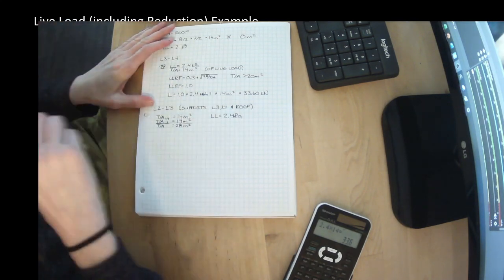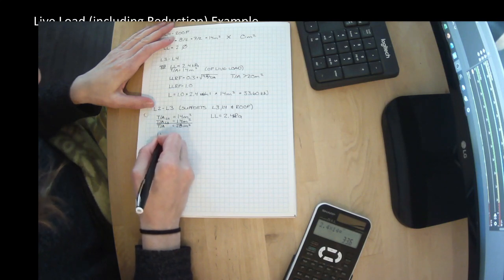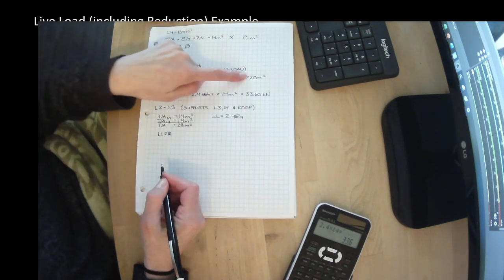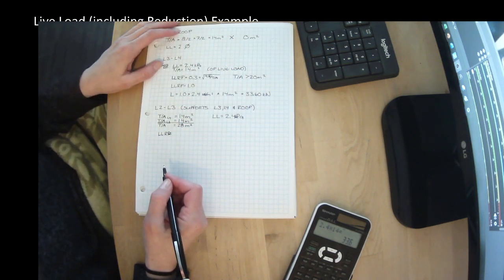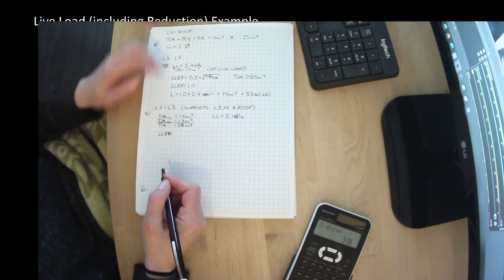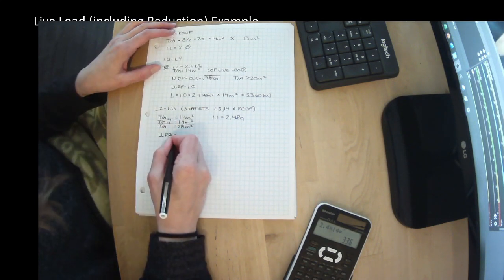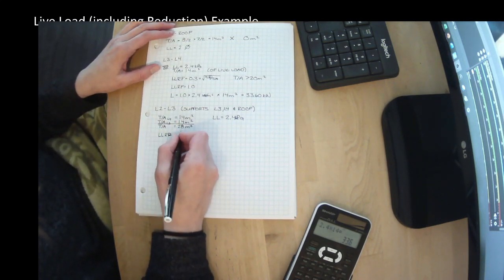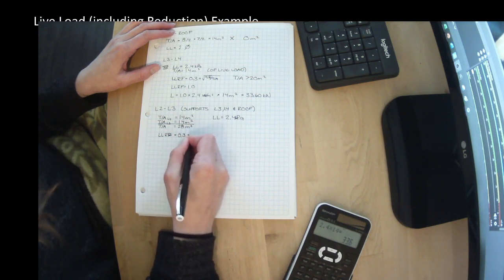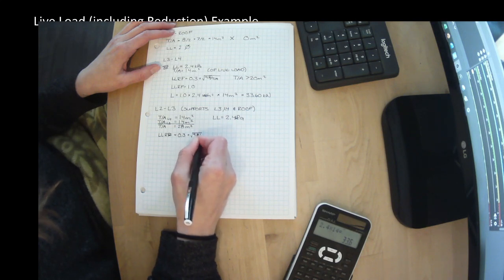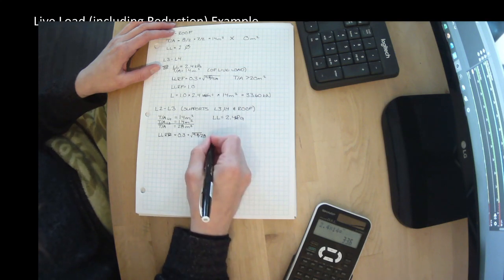So we want to know what our live load reduction factor is. We have a tributary area greater than 20 meters squared, because we have 28 meters squared. So we get to make use of this live load reduction factor. And it's 0.3 plus the square root of 9.8 divided by our tributary area, or 28.